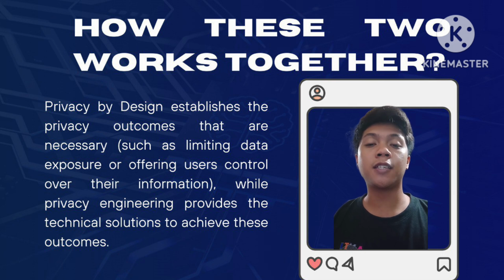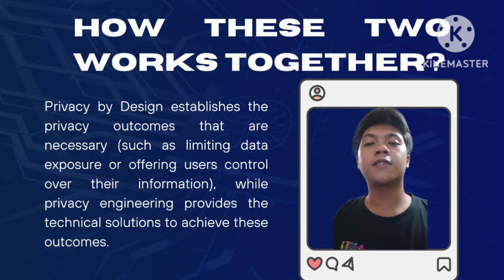Imagine a messaging app in development. Privacy by design would dictate that messages should be private, accessible only to sender and recipient, and retained for only a limited time. Privacy engineering would then implement end-to-end encryption so that messages can only be read by intended users, and develop an automatic deletion mechanism after a set amount of time.